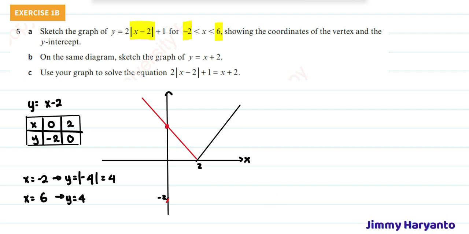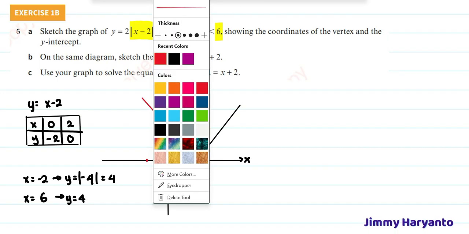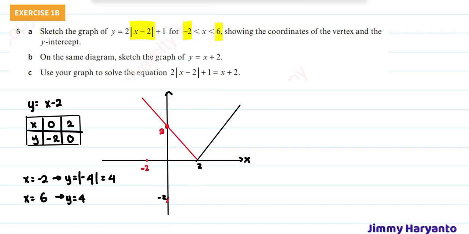This one is 2 because we reflect it from negative 2 before. And then when x equals negative 2, the value of y is 4. Maybe I should write it like this, it's clearer, negative 2, 4.